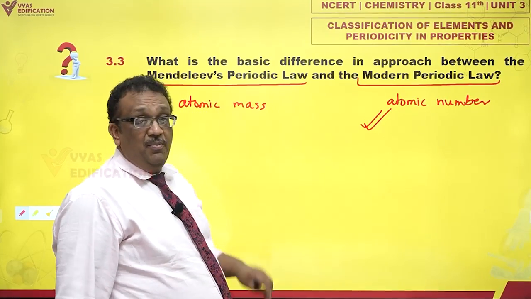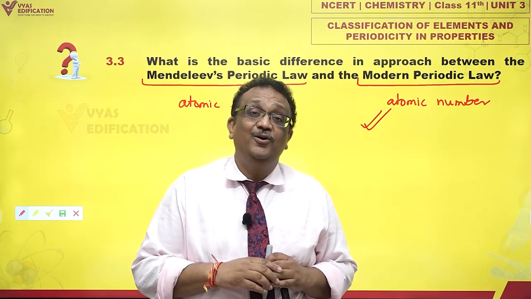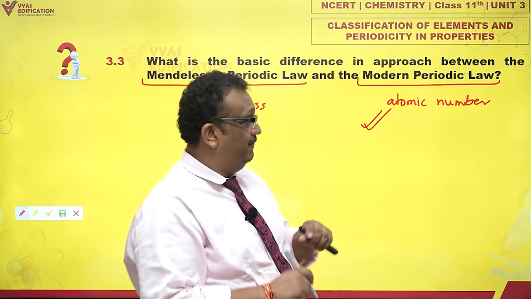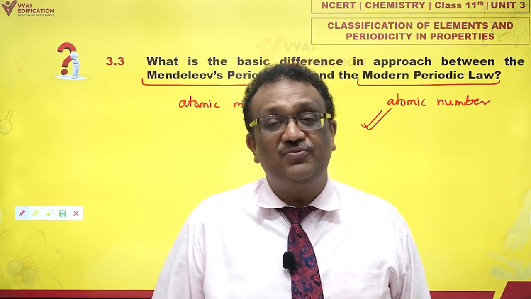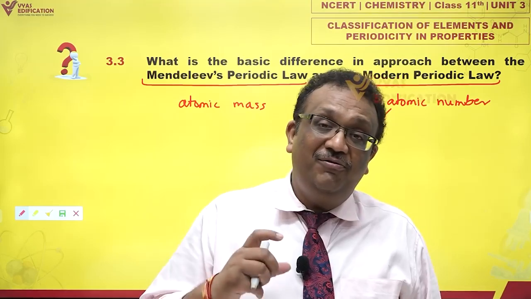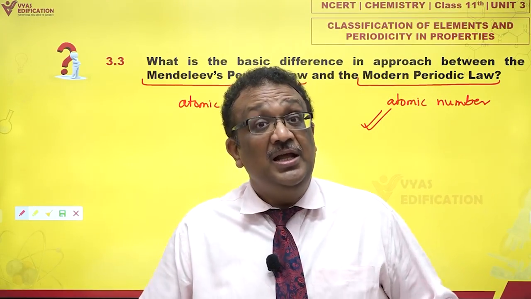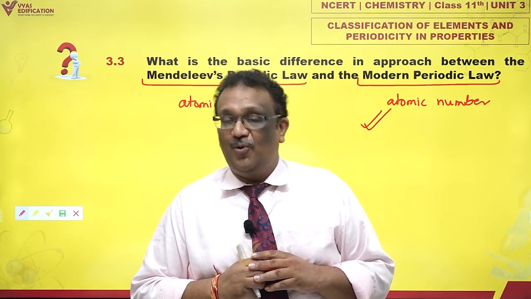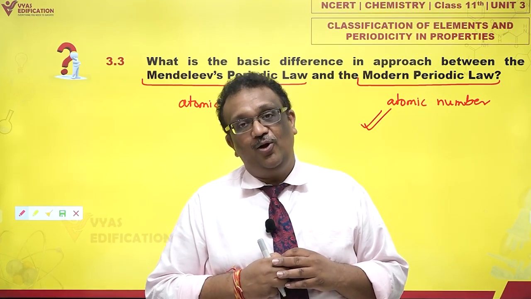If you take atomic mass as the fundamental property, you would place isotopes into different boxes or different locations. While if you're using modern periodic law and atomic number as the most fundamental property, you would find all the isotopes present exactly at the same location, which also reflects that they indeed have similar chemical properties. So yes, it's a big advantage for modern periodic law.